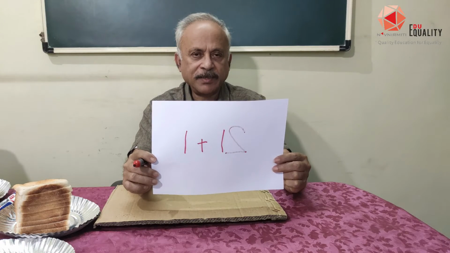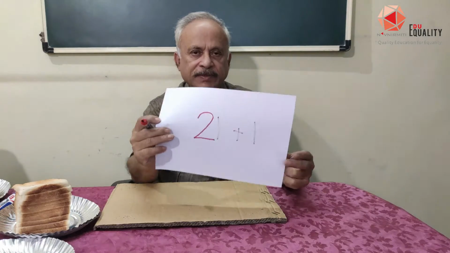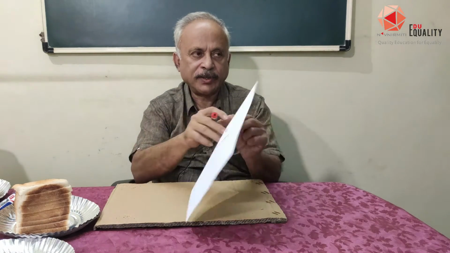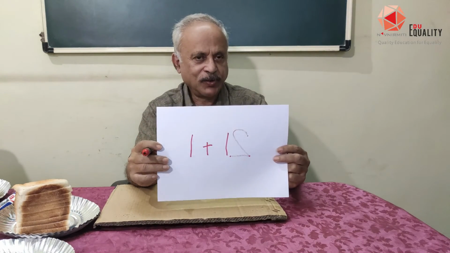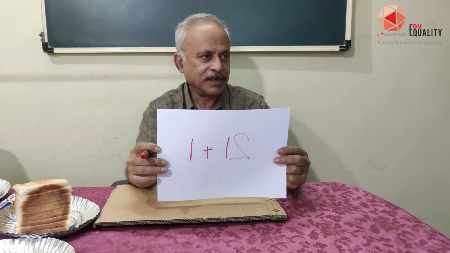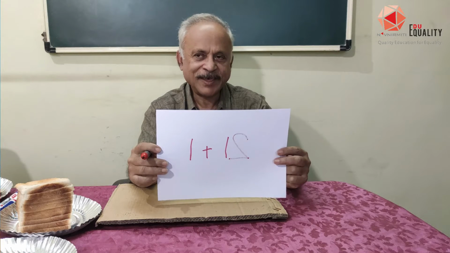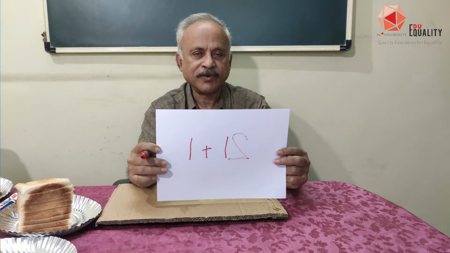So we see that whether you keep this or whether you keep this, what you have in the plate is the same thing. So we have learnt that 1 plus 1 is equal to 2. Okay, that's the first thing that we have learnt.